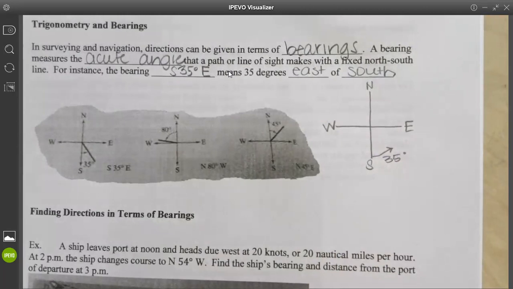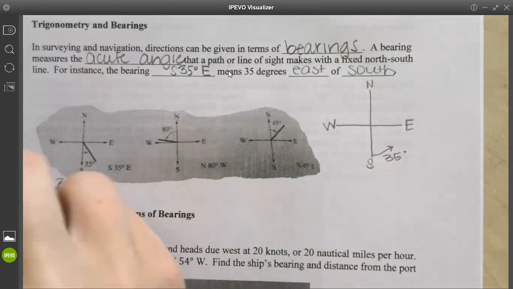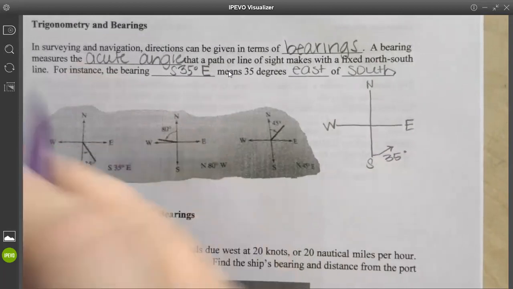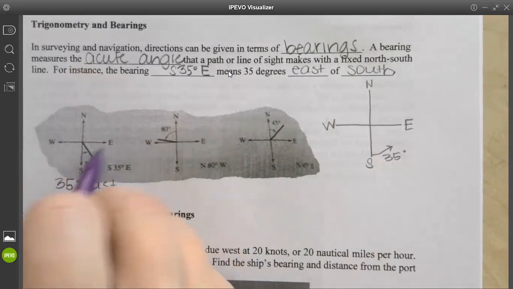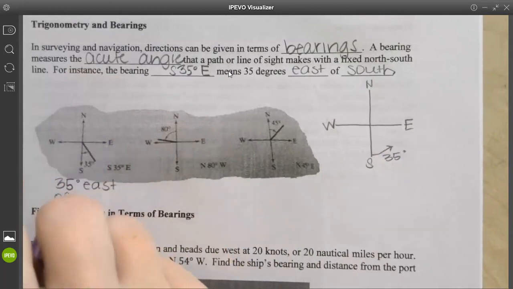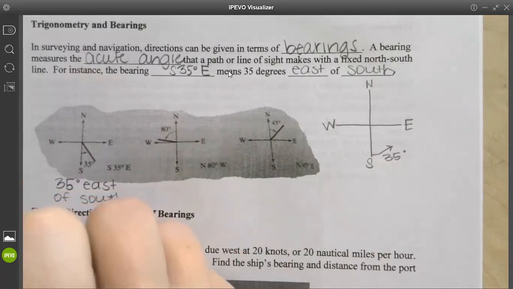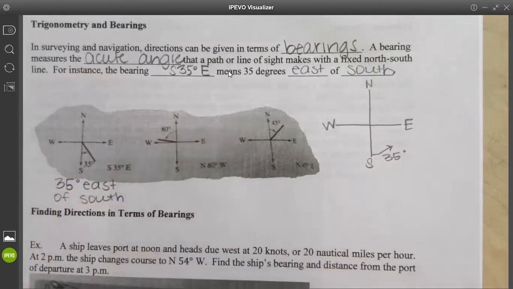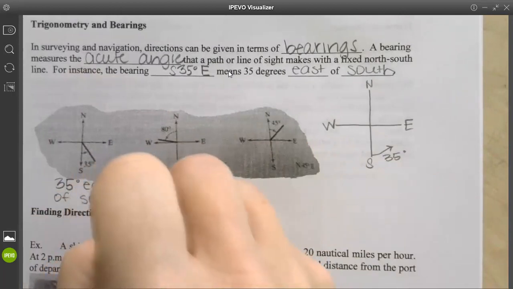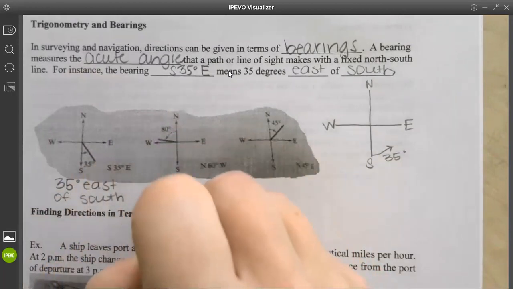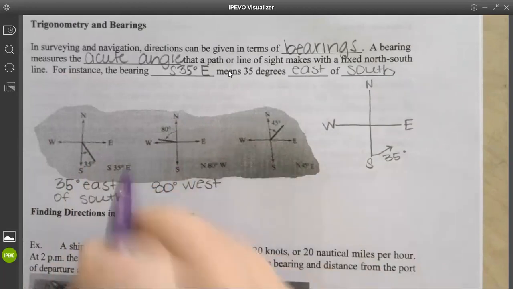Okay. So again, right here, you can see that 35 degrees east. How do you know that? Because see the arrow is pointing towards east of south. What would this one be? Start with your degrees. 80 degrees. What direction is it going? West. And where did it come from?